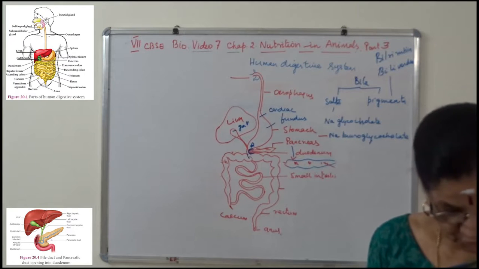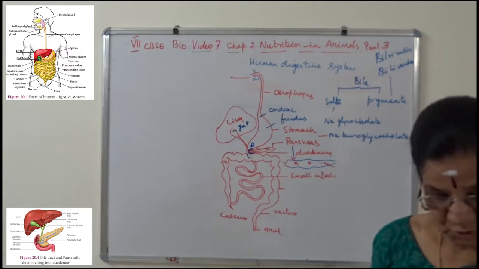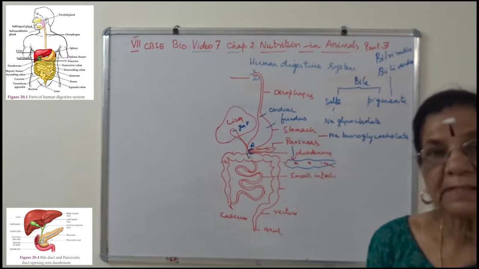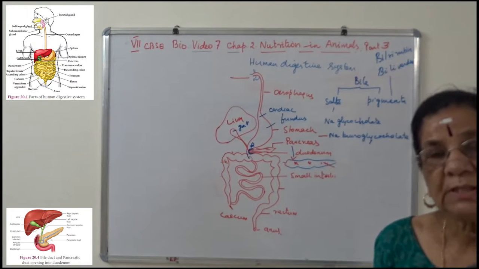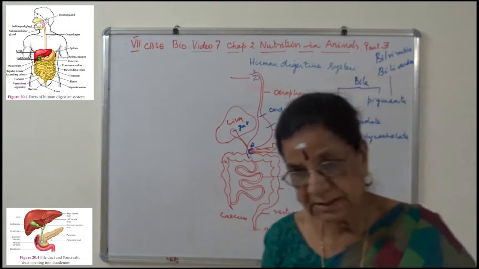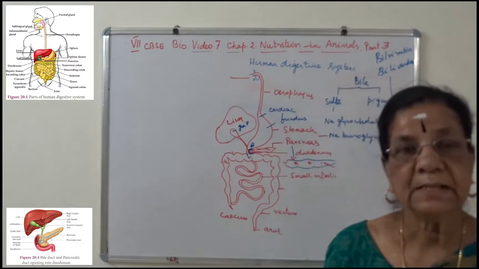And this pancreatic juice acts upon the food with trypsin, chymotrypsin, carboxypeptidase, amylase and lipase.